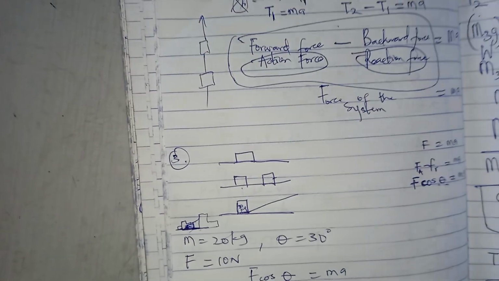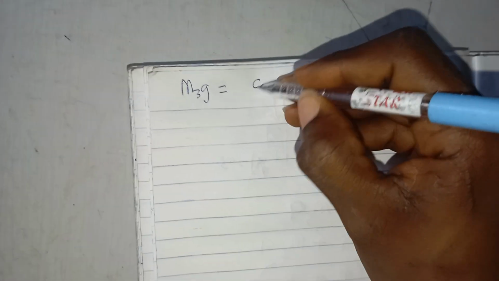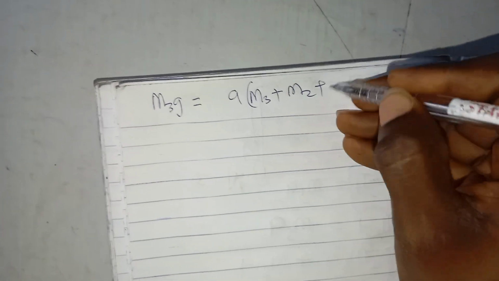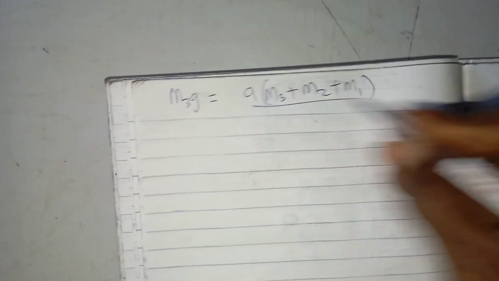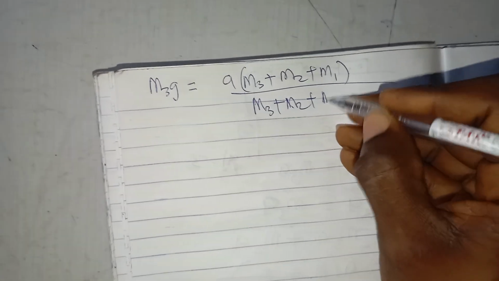Let me write this. You will now have M3G is equal to A times M3 plus M2 plus M1. Divide both sides by M3 plus M2 plus M1.